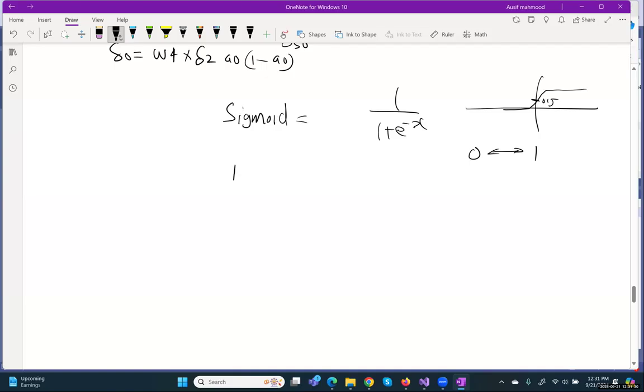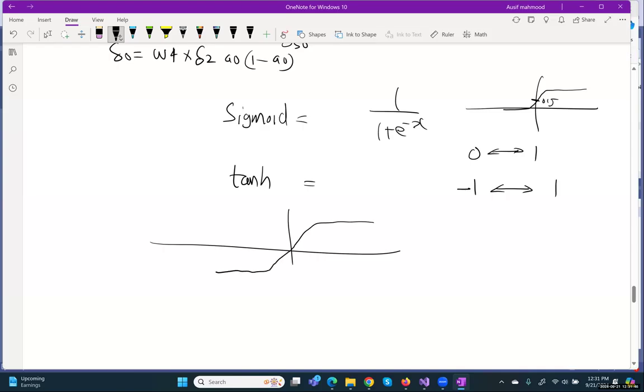Similarly, tan hyperbolic is another activation function, and it constrains the output between -1 and 1. The equation for the tan hyperbolic looks like this. It passes through 0. The actual formula, I forgot, and I may be slightly off, so you can Google it to find the exact equation.